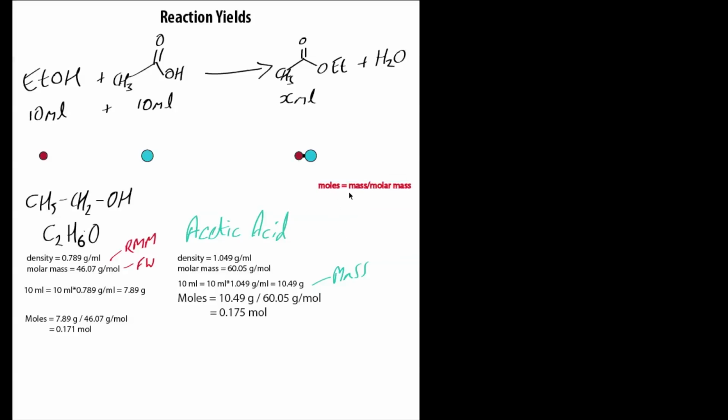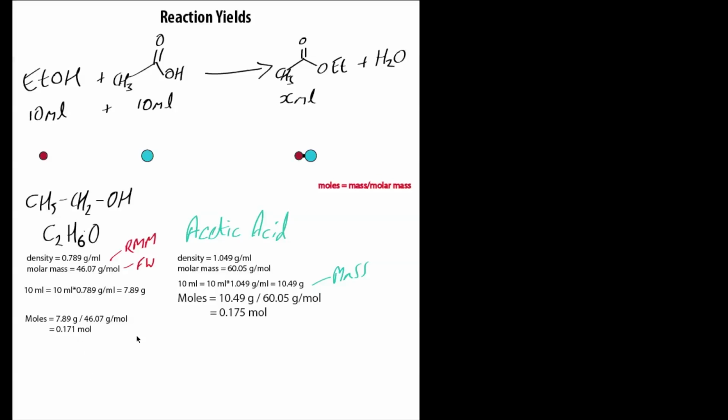Moles equals mass divided by the molar mass. So how many moles of acetic acid do we have in 10.49 grams? We have 0.175 moles. Now that's different to this. That's important as well. We see that 10 mils of acetic acid has slightly more molecules than 10 mils of ethanol.